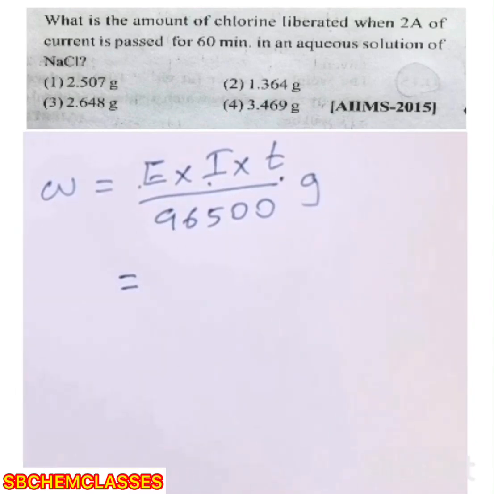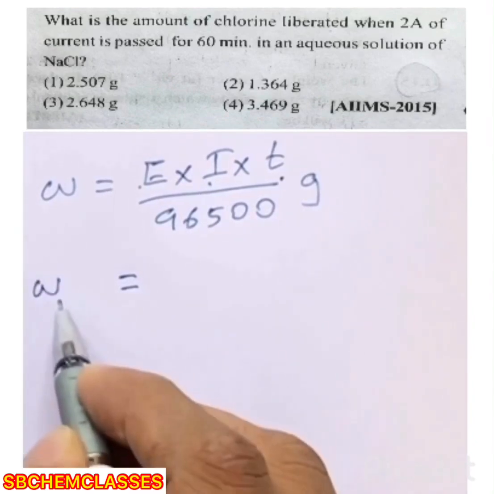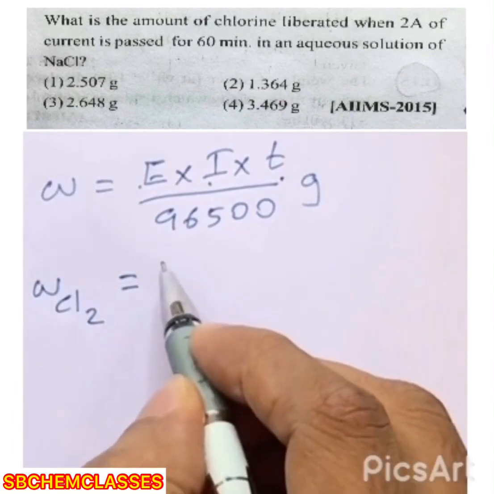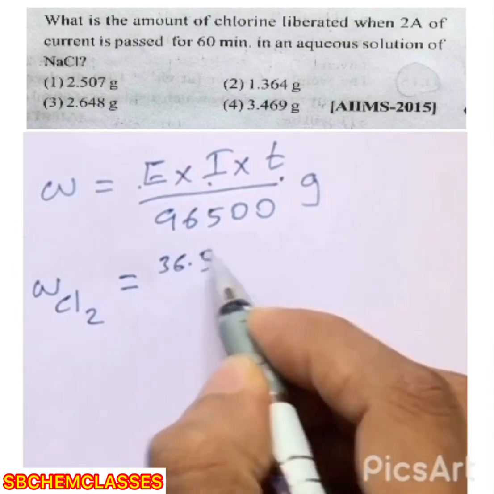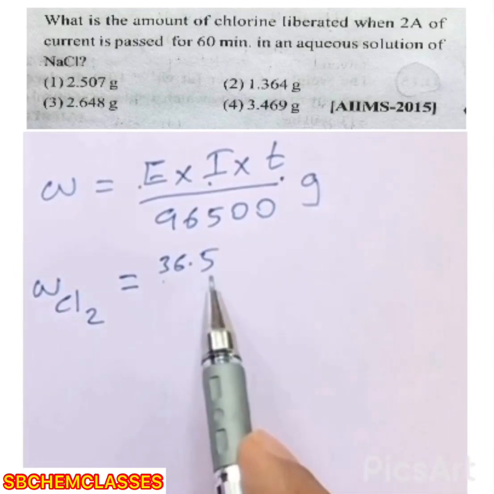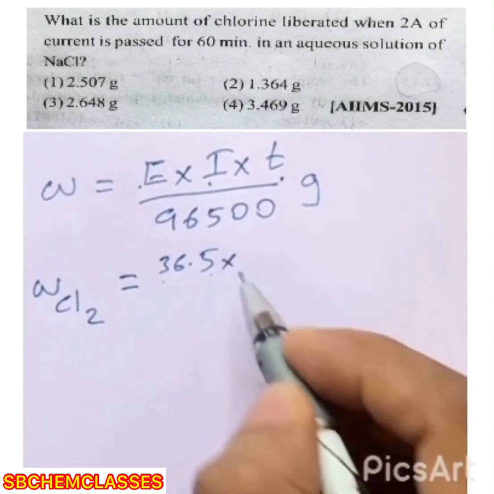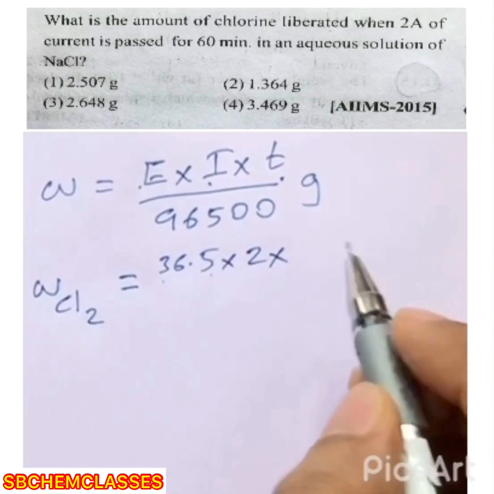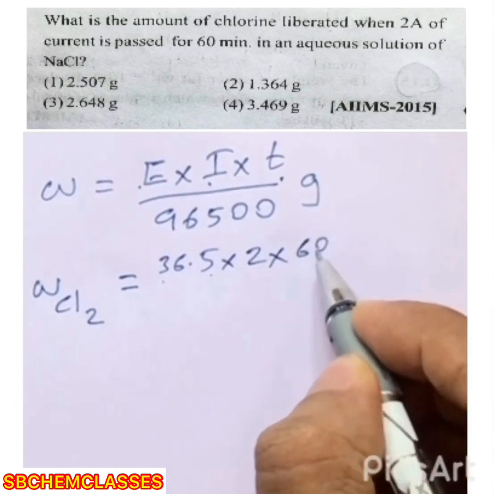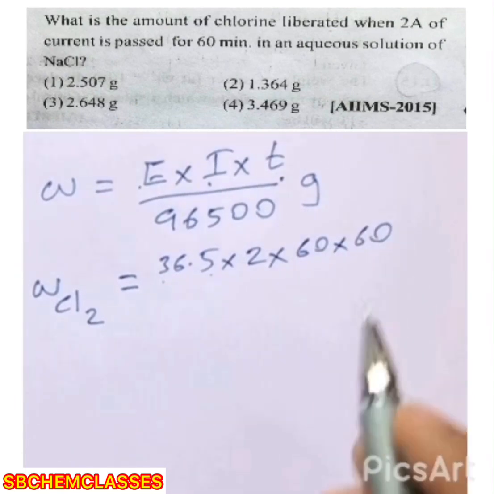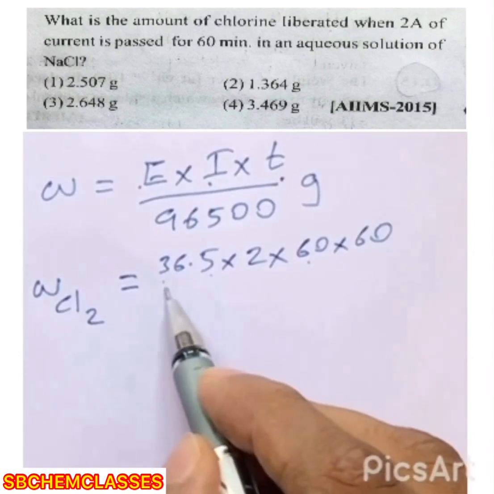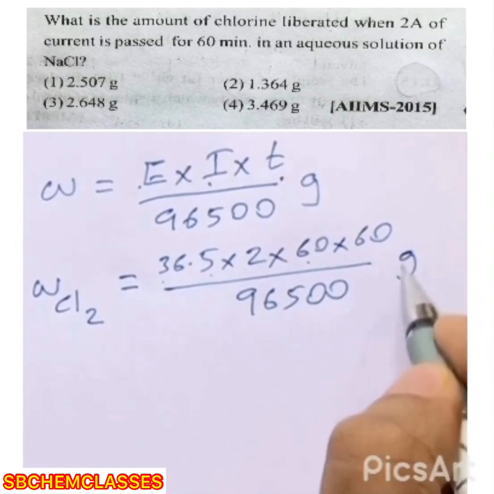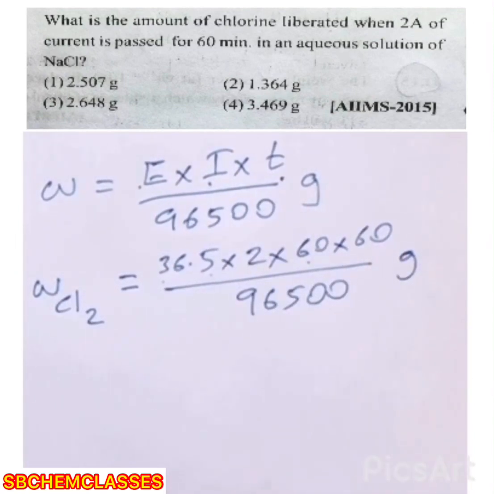We want to find the mass of chlorine deposited. So the equivalent mass of chlorine is 36.5. Why? Atomic mass is 36.5, valency 1, into current intensity, that is 2 ampere. What is time? 60 minutes, 60 into 60. Why? It should be converted to second, by 96500 gram. The calculated value will be our answer.